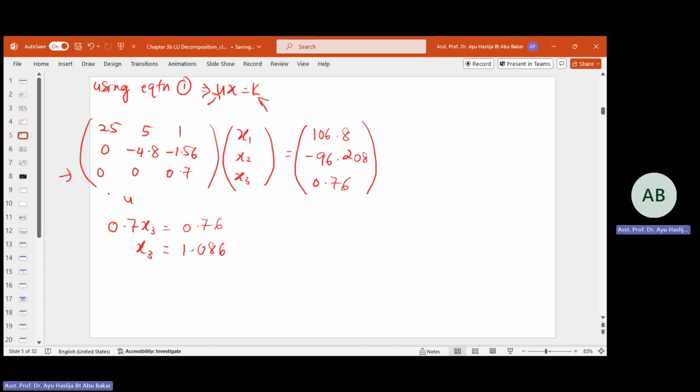Substitute X3 into the next equation, here you will get your X2.